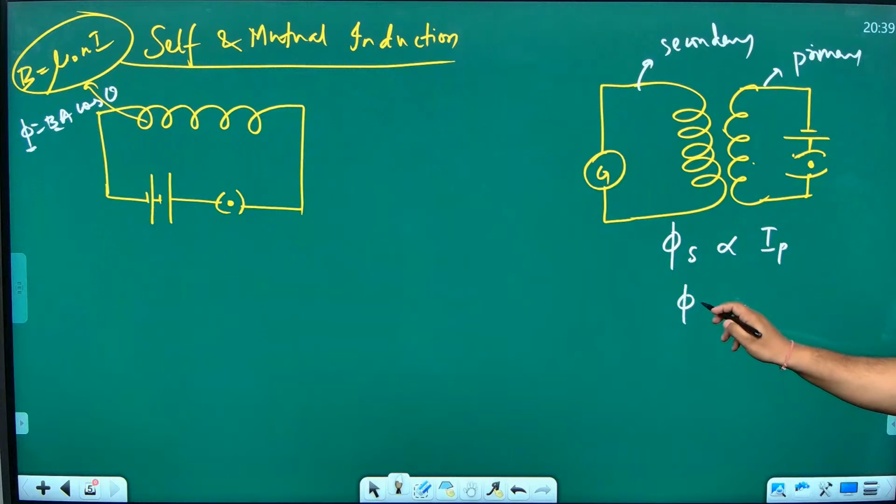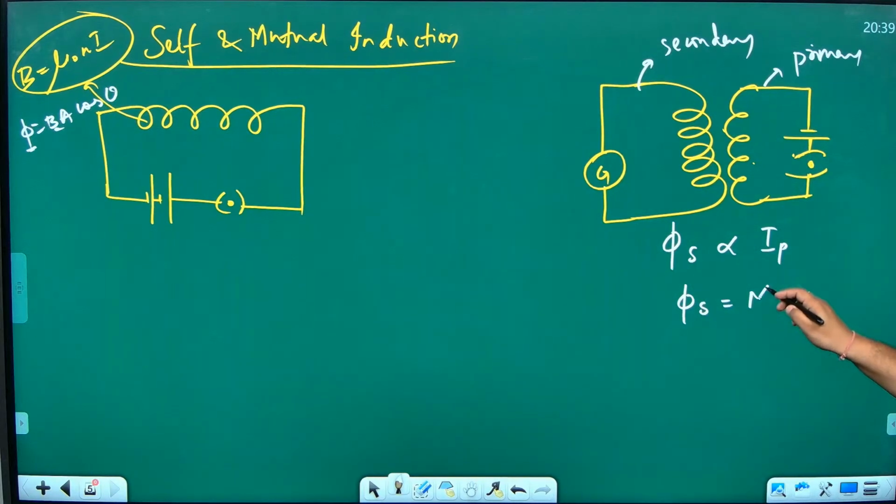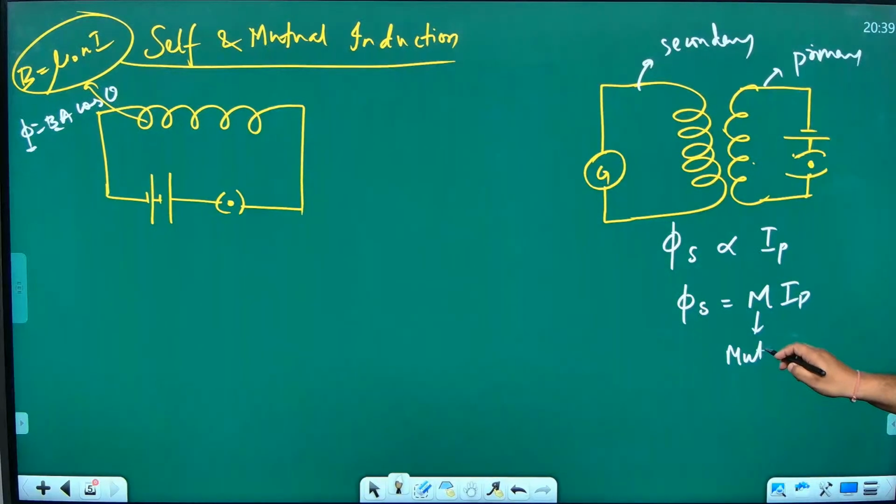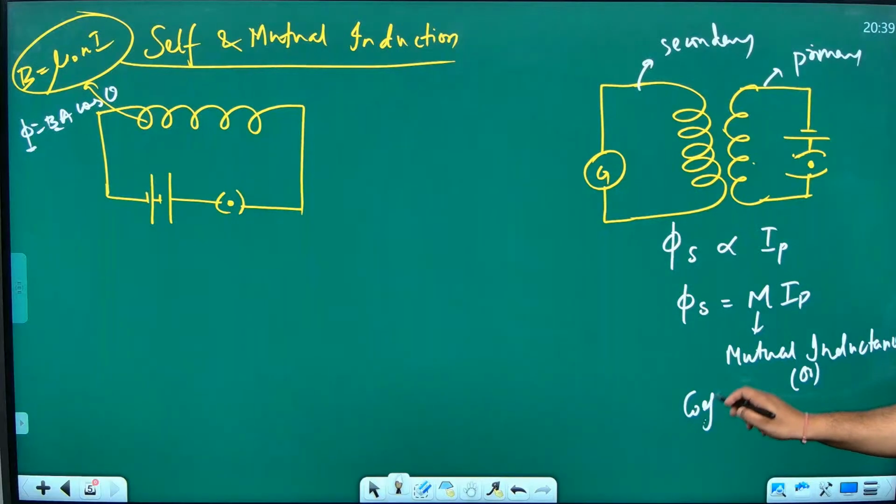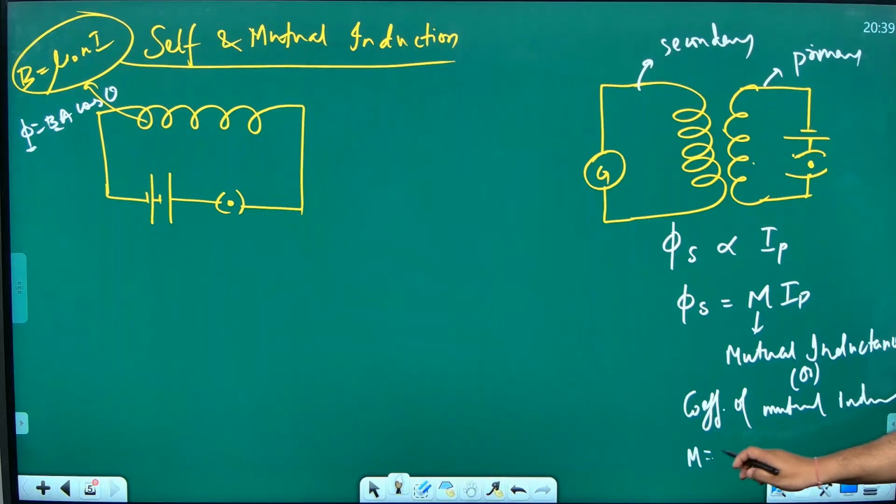If you remove proportionality, you have to add a constant, and that constant is called mutual inductance, also called coefficient of mutual induction. So, you can write M is equal to phi S by I P. Once again, Weber by ampere is called Henry.